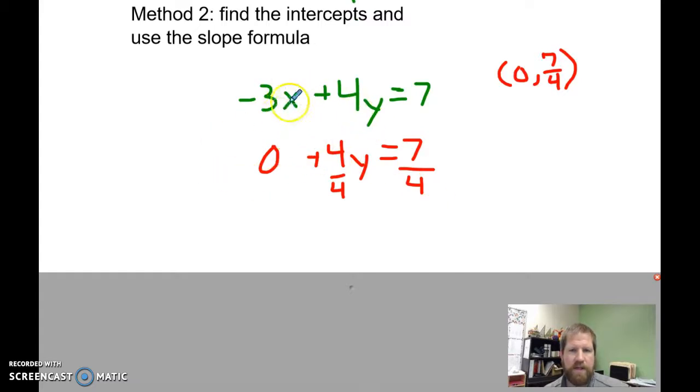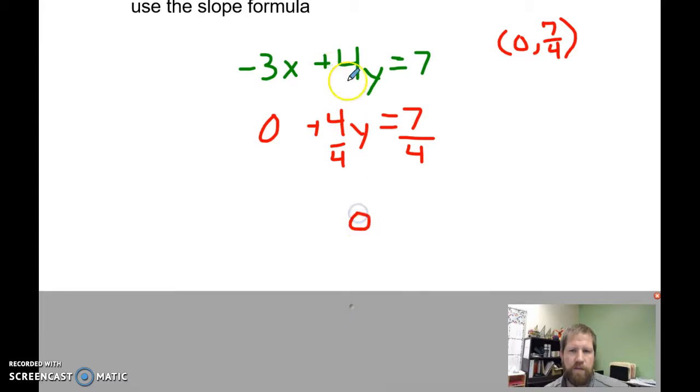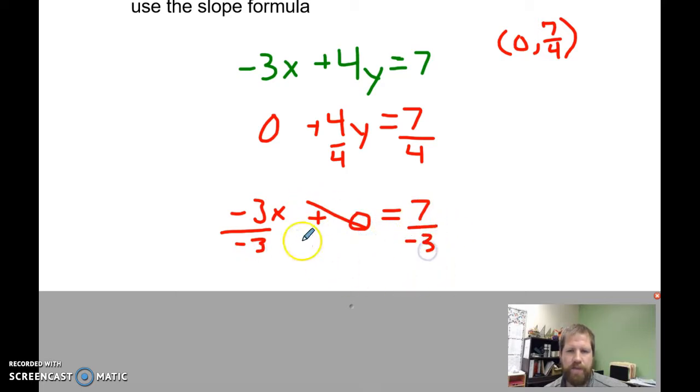Now I go on to my other one. Instead of setting x to be 0, I'm going to set y to be 0. If y is 0, 4y is 0, so I've got a negative 3x plus 0 equals 7. Divide by negative 3, and those cancel.